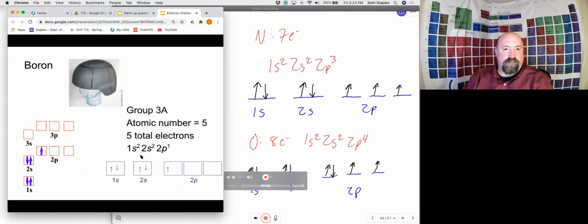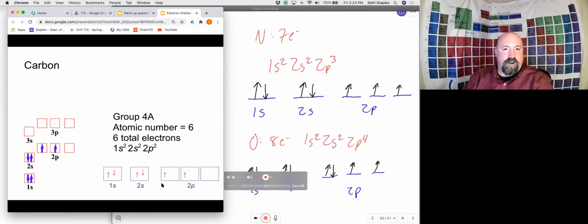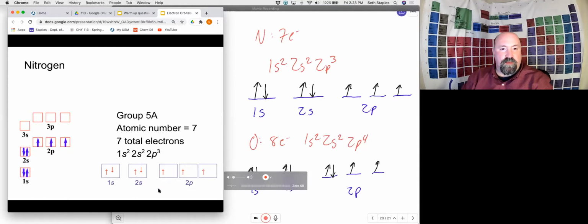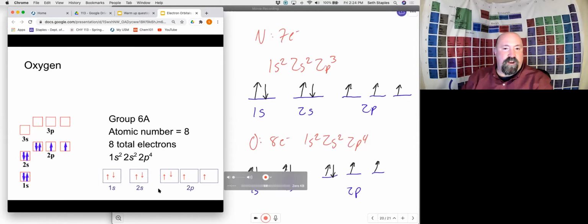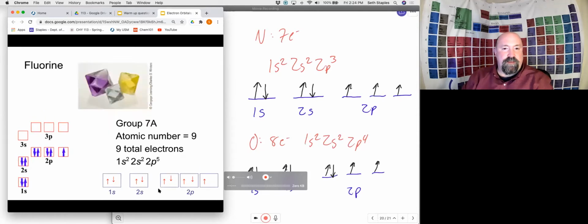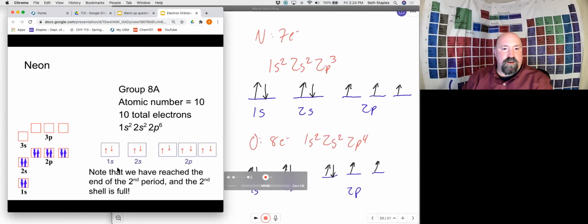Boron, 1s2, 2s2, 2p1. Carbon, 1s2, 2s2, 2p2. Note how we are following Hund's rule: 2 electrons in 2p are in separate orbitals. Nitrogen, which we've already looked at. Oxygen, which we've looked at. Fluorine, 1s2, 2s2, 2p5. And then neon. Now we've completely filled up the second shell.